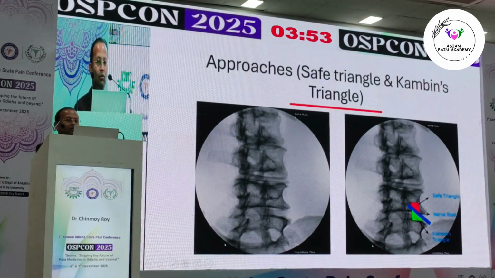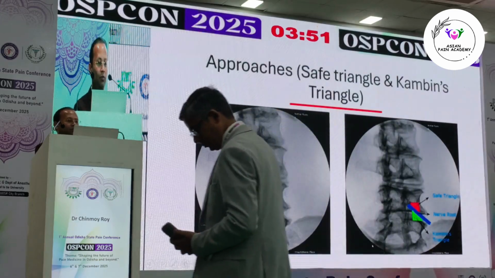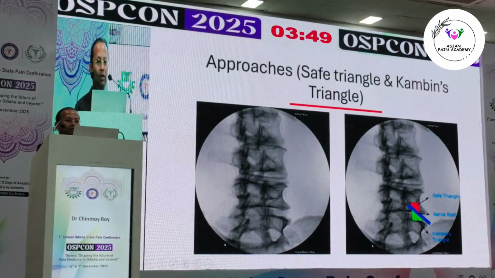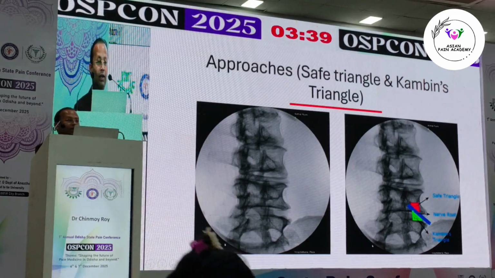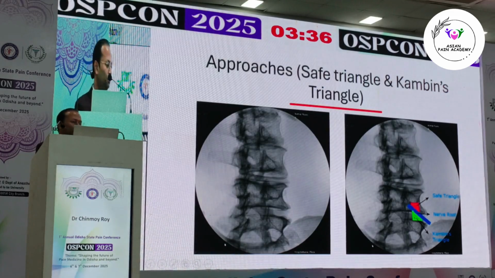After seeing the Scottie Dog, I can put the needle in 2 ways. One is the safe triangle approach and one is Kambin's triangle approach. This blue line represents as if the nerve root is going in this way. It is not only going laterally, it is also going from posterior to anterior.